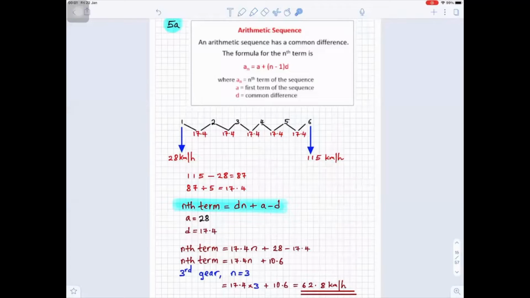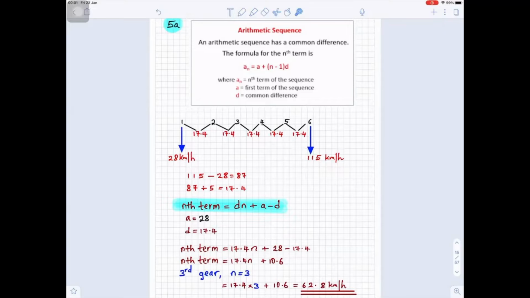So what we do is we want to use an arithmetic sequence. I've got at the top there the formula for the arithmetic sequence. A is the first term and D is the difference. So we've got the first, second, third, fourth, fifth, and sixth gear. First is 28 and the sixth is 115.